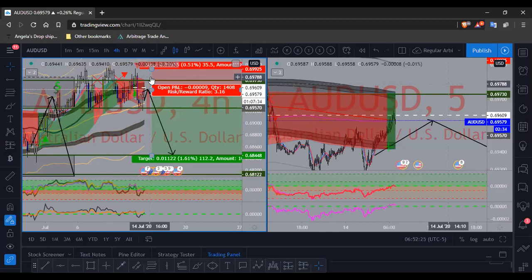So it's actually bearish. If you look at daily and weekly price action, you can see it's bearish still. It still has that opportunity to continue dropping.